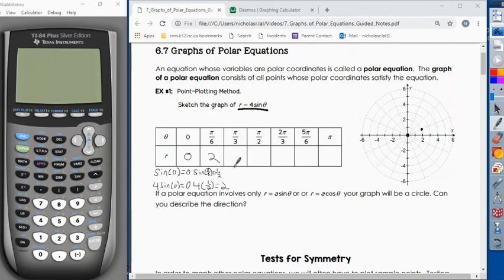Pi over 3, same concept. The sine of pi over 3 is root 3 over 2.